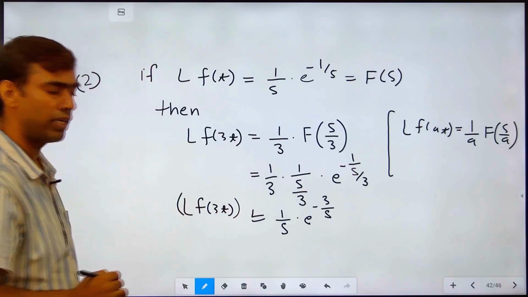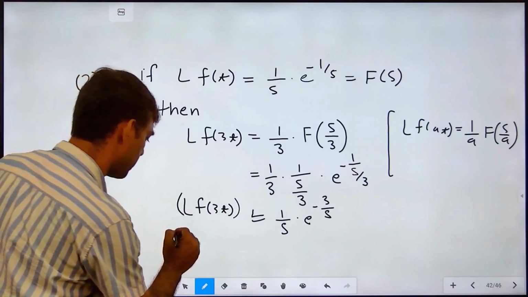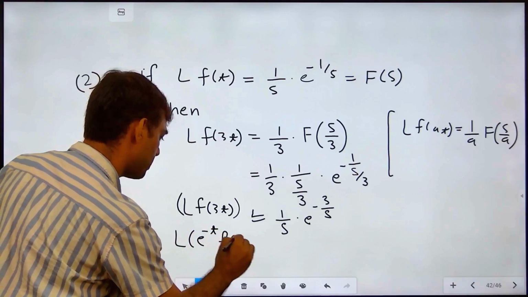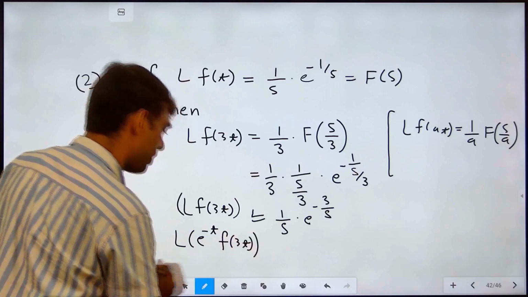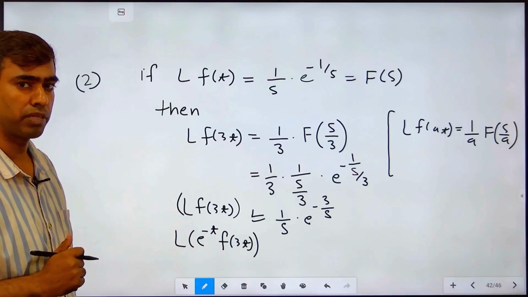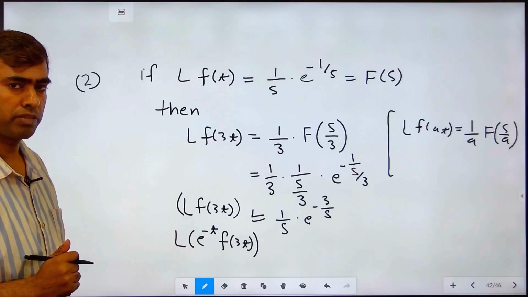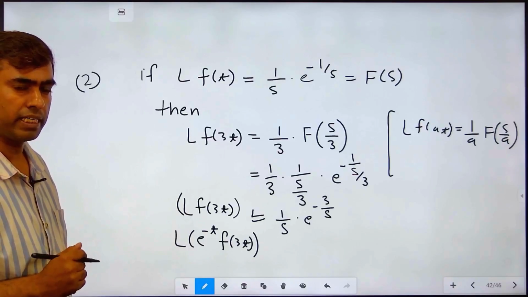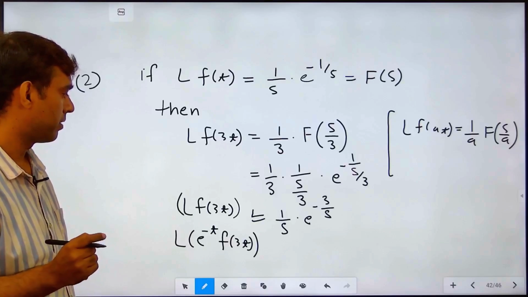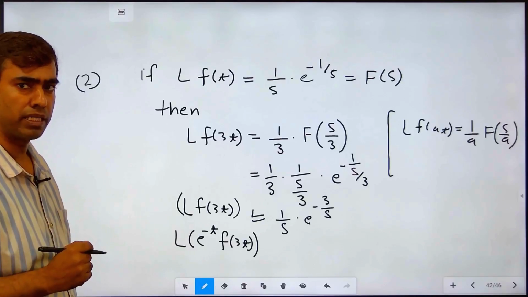Now, in order to find the Laplace transform of e to power minus t f(3t), we use the first shifting property. What is the first shifting property? The Laplace transform of e to power at f(t) is F of s minus a.